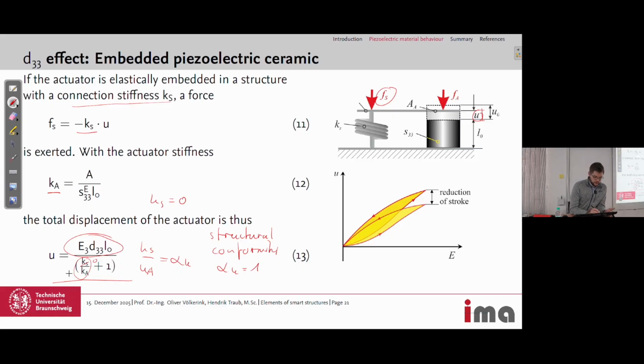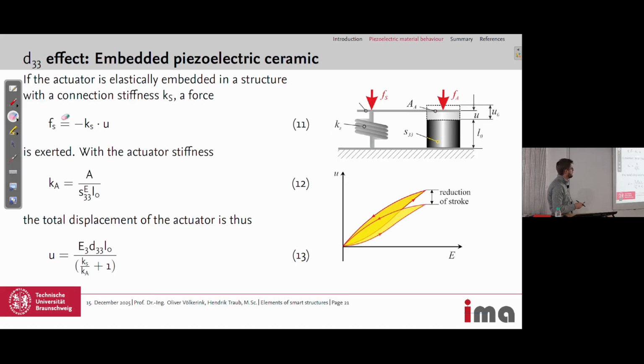And if we have here an alpha K of 1, then we divide it by 2, so 50% of the displacement is achievable, and this is also, I have the work diagram, I drew it, so this is also what we see in the work diagram, that we have here 50% of U0 if we have structural conformity, just with this simplified model.